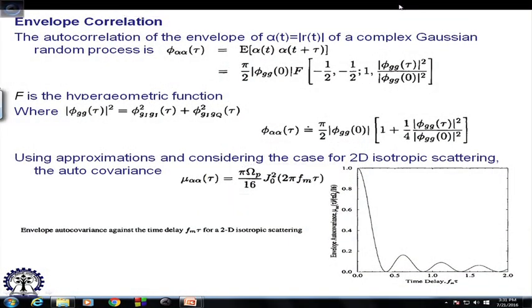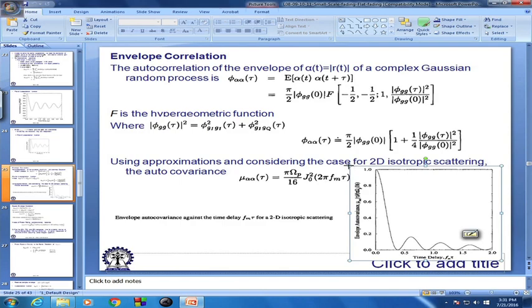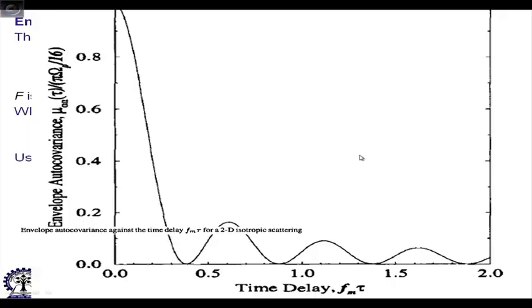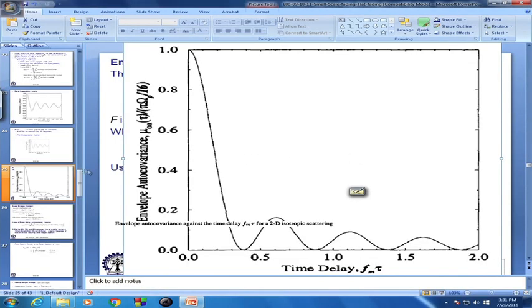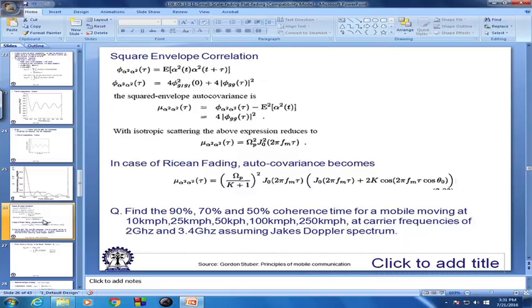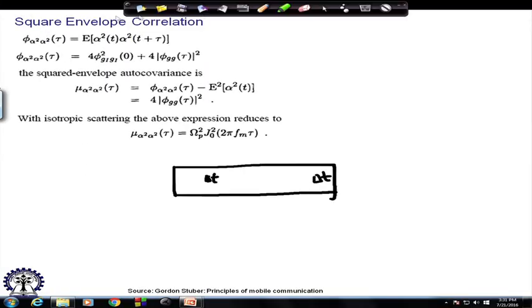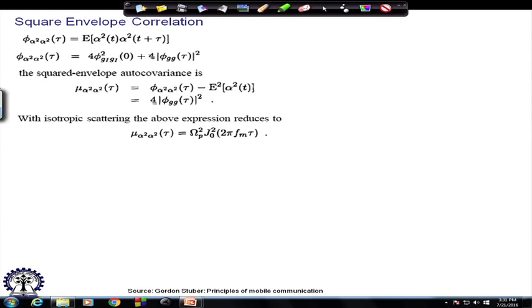A typical example of this would be the figure as shown over here. If you see this particular figure, this is the envelope correlation. So, this is decreasing faster than the other one, and if we look at the square envelope correlation, it also gives us the same thing, that this is proportional to J0 squared. Surprisingly, both the results give correlation proportional to J0 squared.